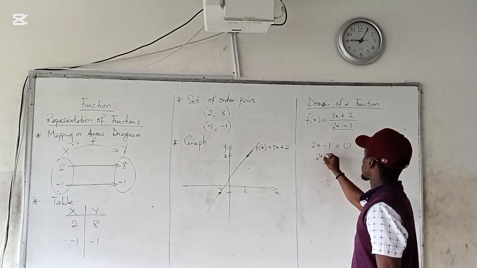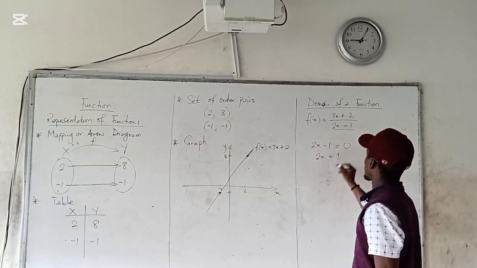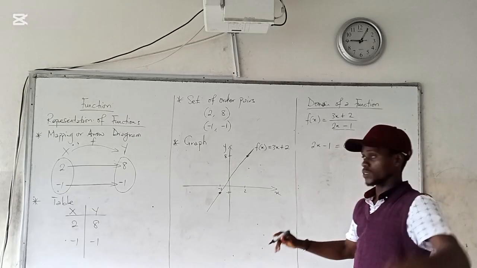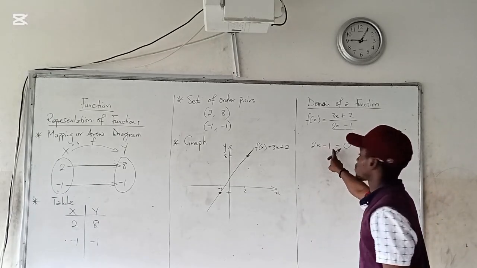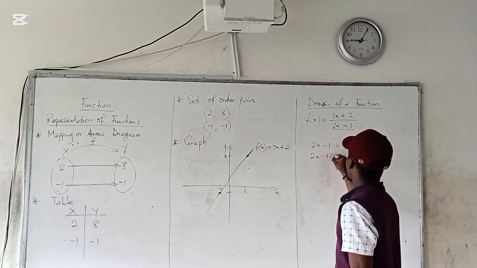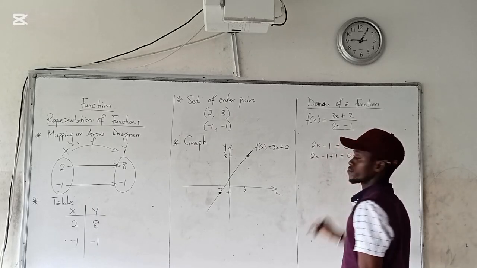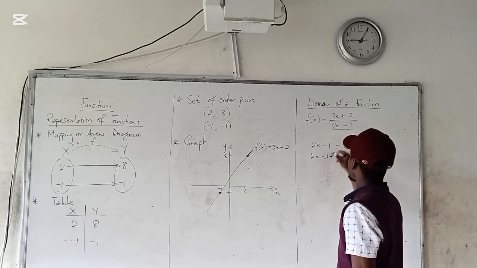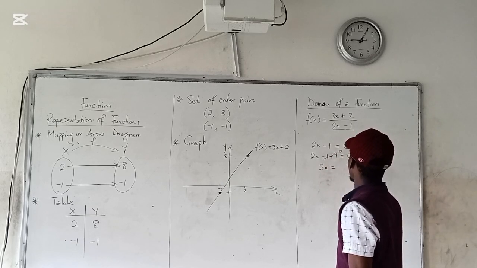This will give me 2x equals 1, because if you add 1 to both sides, 2x minus 1 plus 1 equals 0 plus 1. Minus 1 plus 1 is 0, so I have 2x equals 0 plus 1, which is 1.